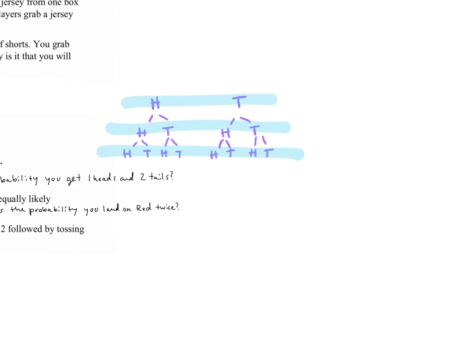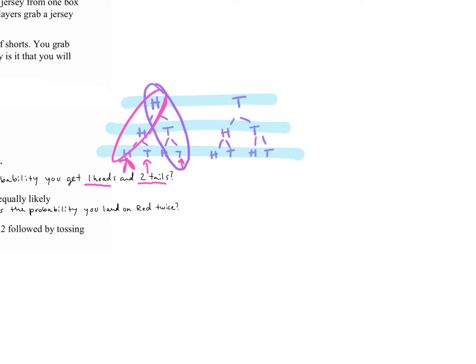Now we could write all of our possible outcomes by just going up here. So if we went up this row, it would be heads, heads, heads. If we went up from here, it would be tails, heads, heads. We could write them all out if we wanted to, but we don't have to. It just says what's the probability to get 1 heads and 2 tails. So here we have 1 heads and 2 tails, right here.